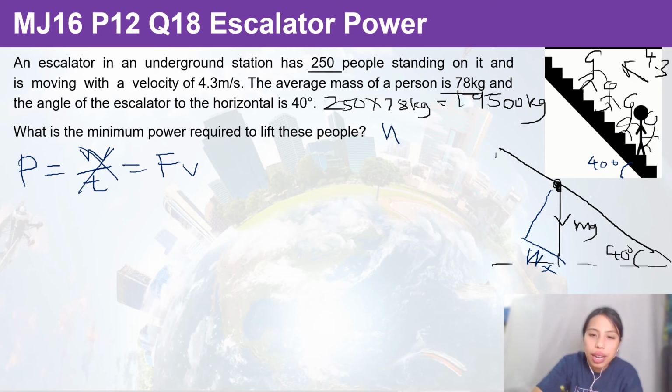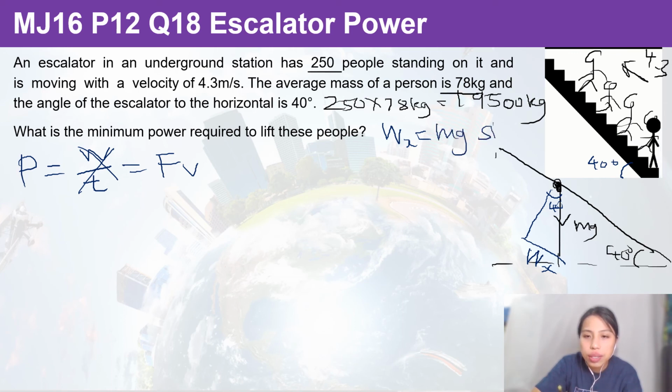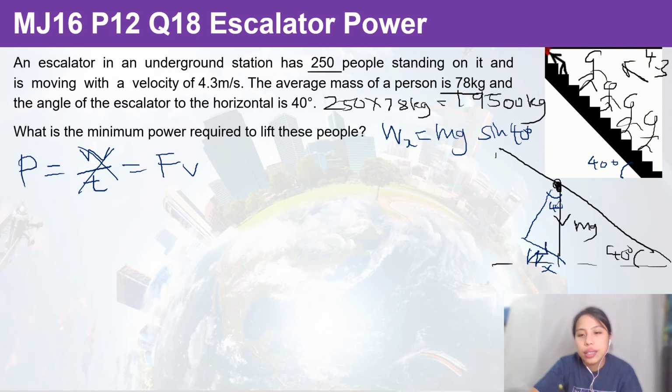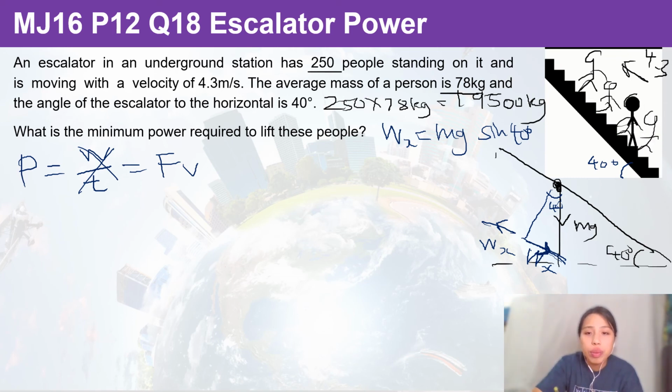So horizontal component, like before, is going to be, this is the angle, 40 degrees, mg sine 40. This is the amount of weight that is acting on the people on average, but that's also the amount that you need to counter upwards to get everyone up at a constant speed. So that's why we want to find what this value is.